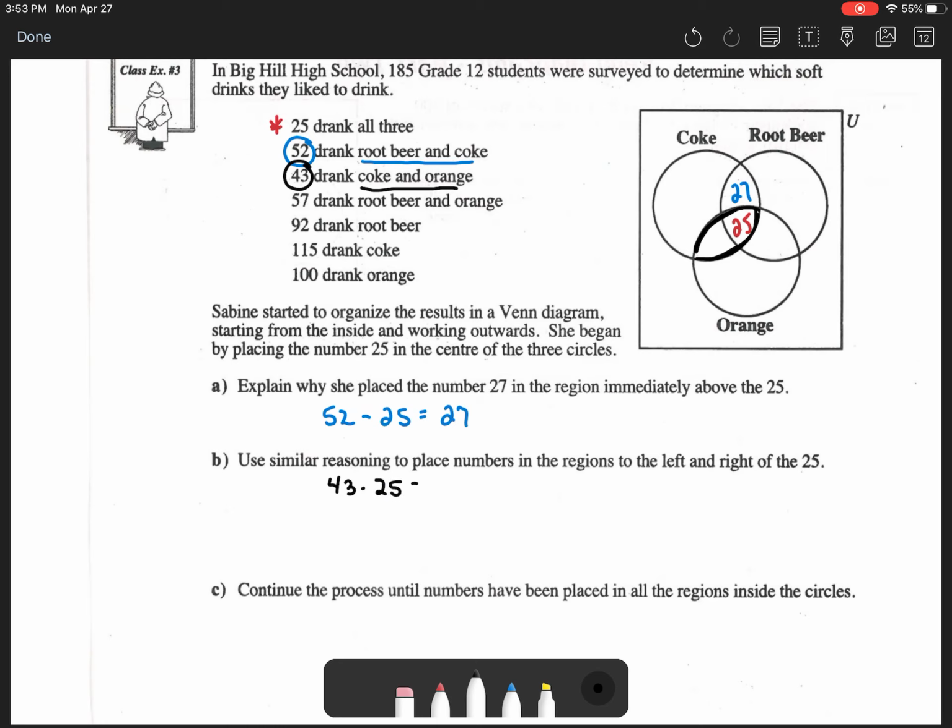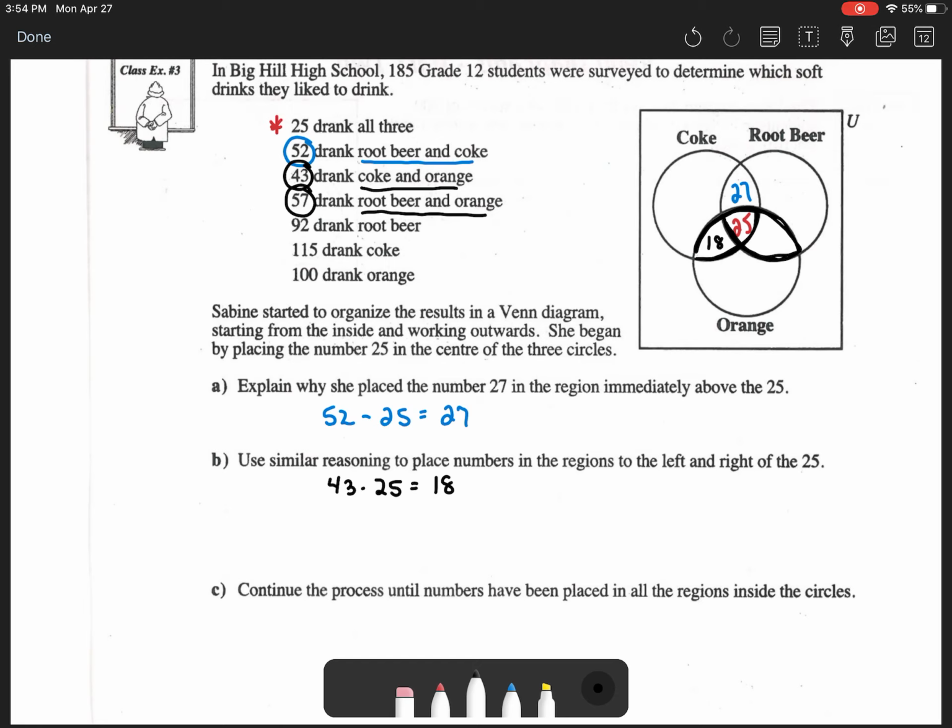There's Coke and orange. That's the area where those two circles overlap, and there should be 43 in there. But again, of those 43, 25 drank all three. So you're going to go 43 minus the 25, and when you go 43 minus 25, you get 18. And that's why when you fill in this Venn diagram, you're going to put 18 in there.